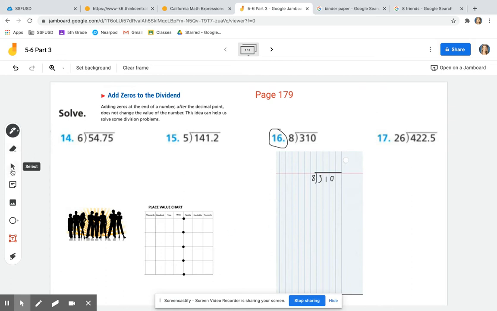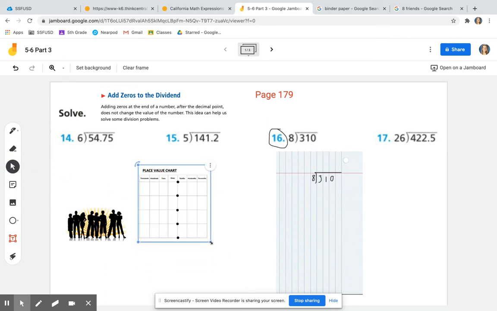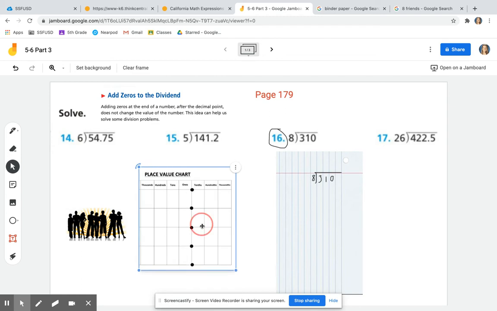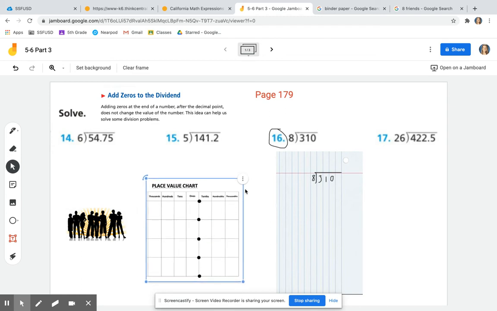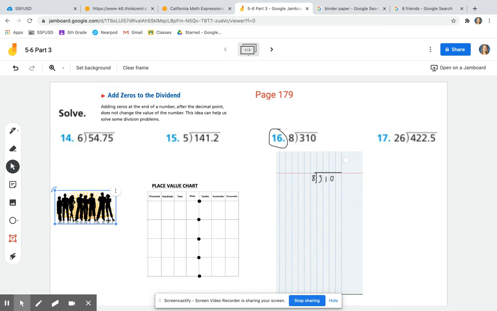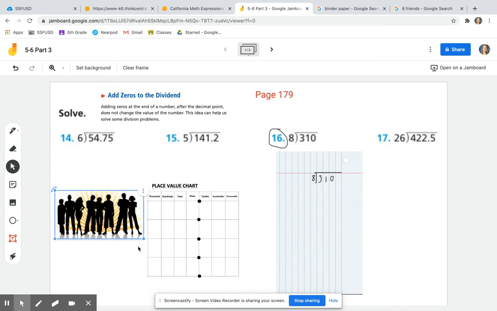And we are going to be adding zeros to this problem, just a heads up, and I'm going to walk you through why we sometimes add zeros as we solve division problems. So I'm going to give it a real world situation with this dividend and this divisor of 8. I'm picturing 8 friends, so that's why I inserted a picture of these shadow people.